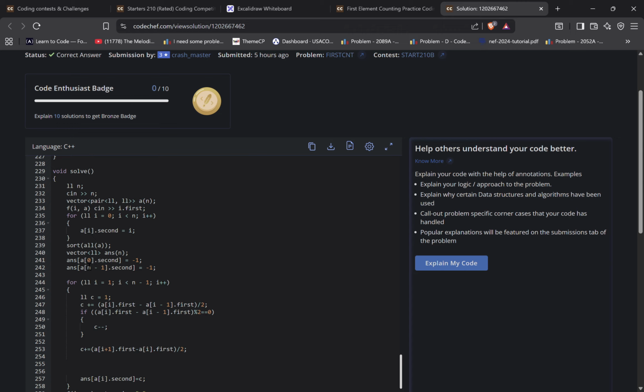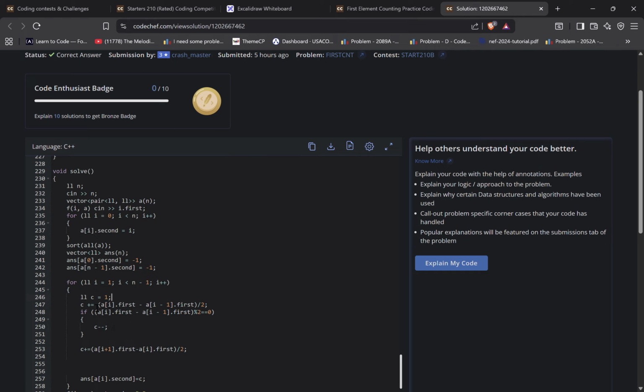As I have previously explained, the smallest one will be minus 1, and the largest one will also be minus 1 because there are infinite numbers of integers. After that, for the integers between them, C is a counter variable.